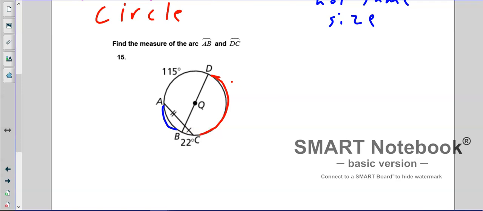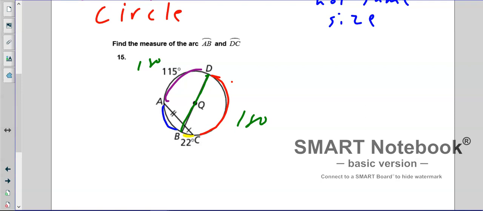Now, notice that we have a semicircle. Diameter, which means this half is 180 and this half is 180. All right? Well, the blue and the purple make 180, and the red and the yellow make 180.